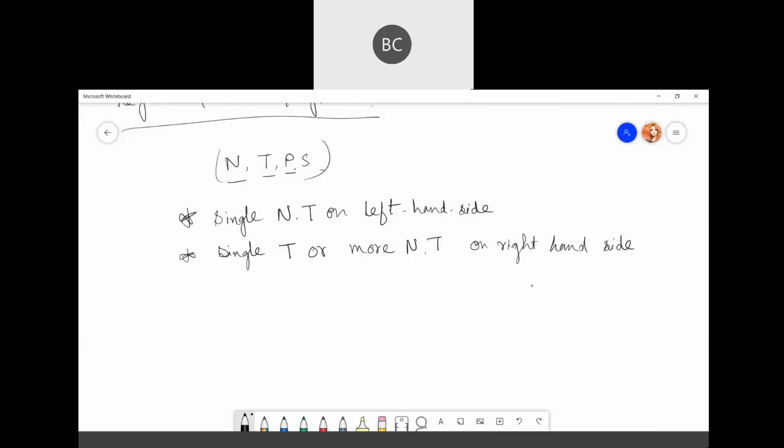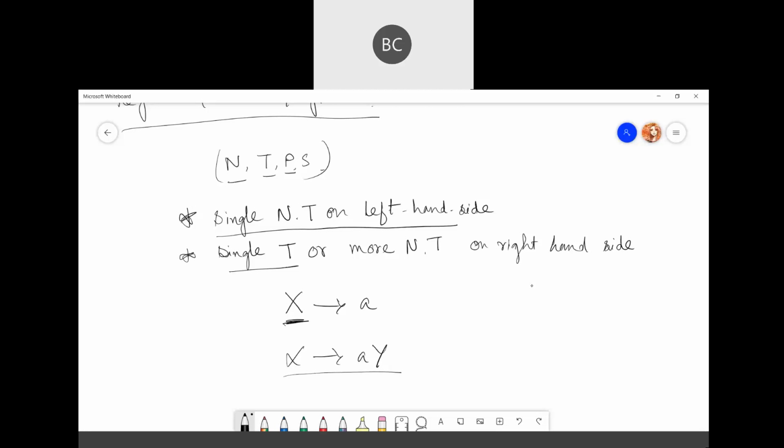So you can generalize this. Suppose this is the non-terminal symbol: a single non-terminal on the left hand side, and on the right hand side there will be a single terminal, or there may be more non-terminal symbols. So this is the main structure of your type 3 or regular grammar.